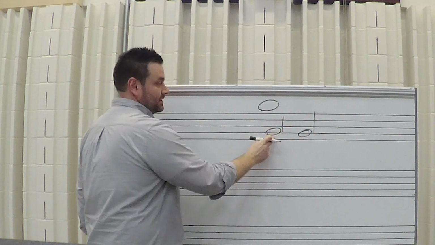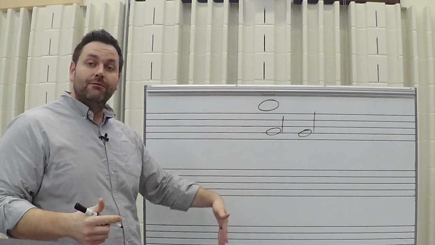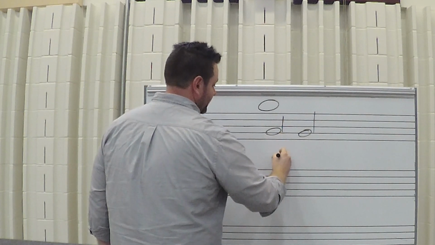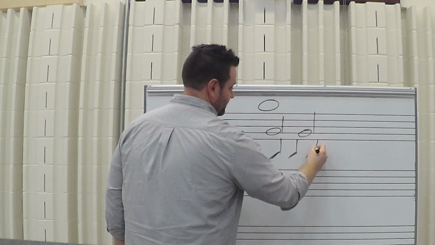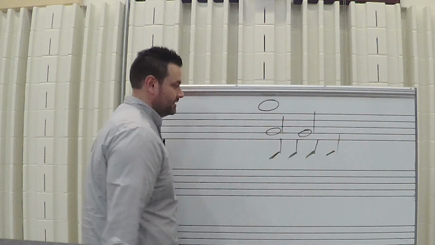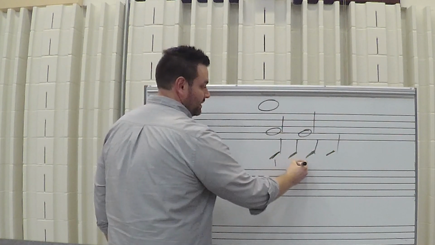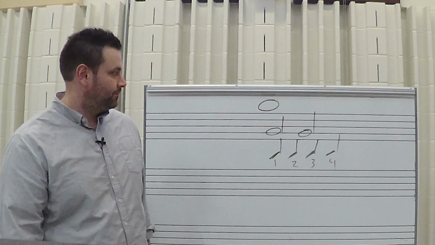So this would be 2 beats plus 2 beats equals 4 beats. Now, if we were going to do 4 beats of quarter notes, we would need 4 of them. So here's 1 beat, 2 beats, 3 beats, 4 beats. And we would call this beat 1, beat 2, beat 3, and beat 4.